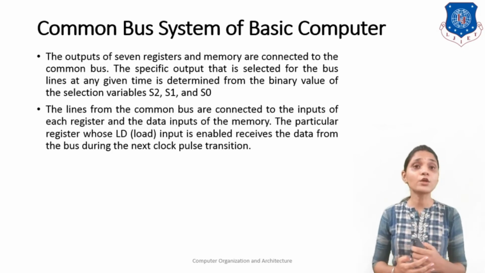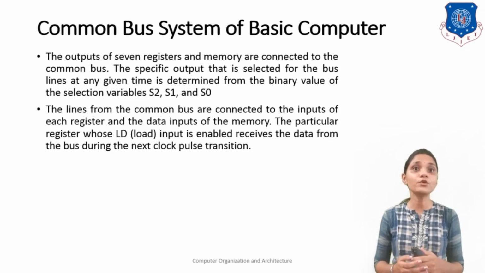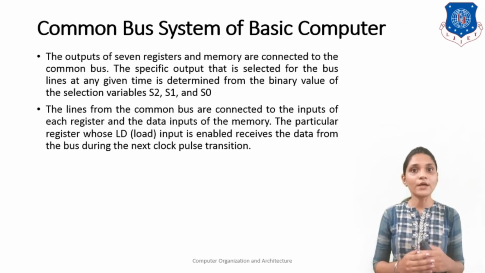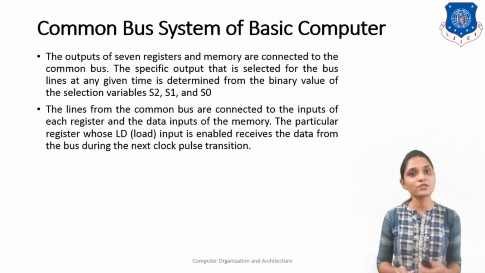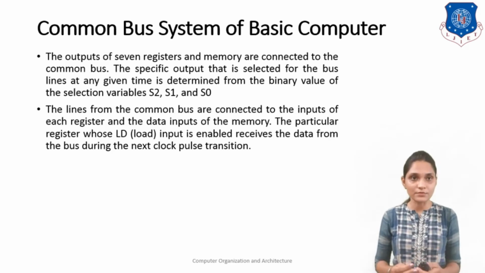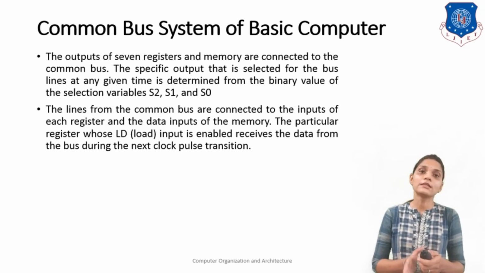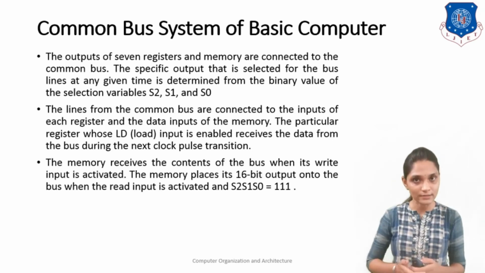The lines from the common bus are connected to the input of each register and the data input of the memory. The particular register whose LD input is enabled receives the data from the bus during the next clock transition. So all of these registers will not receive the data, but whenever its LD input, that is the load input, is activated, then and only then is the data transferred into that register.